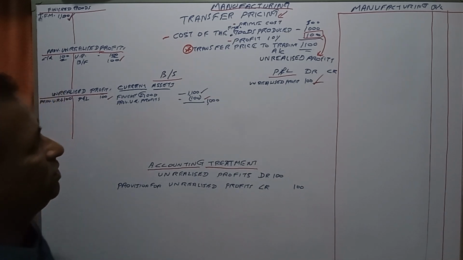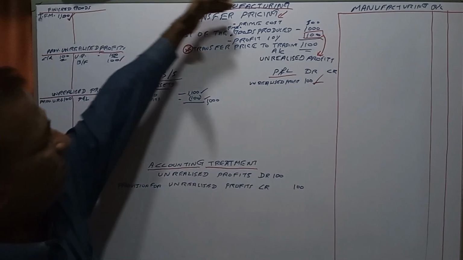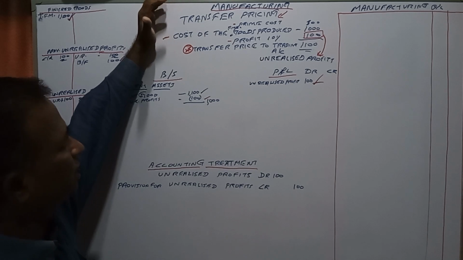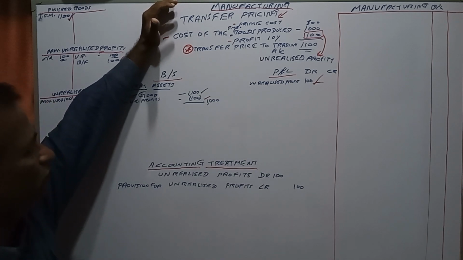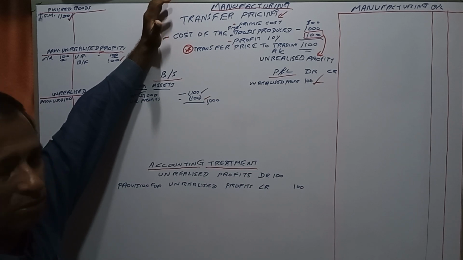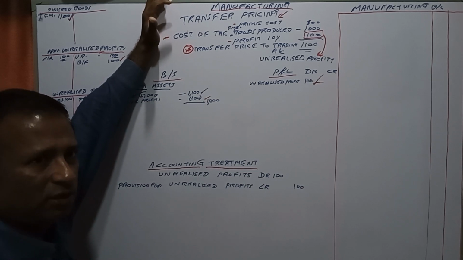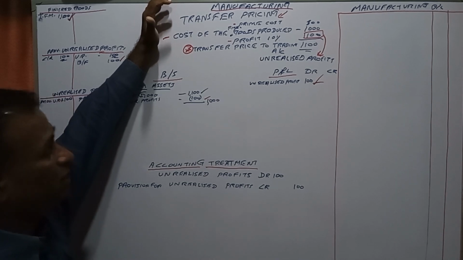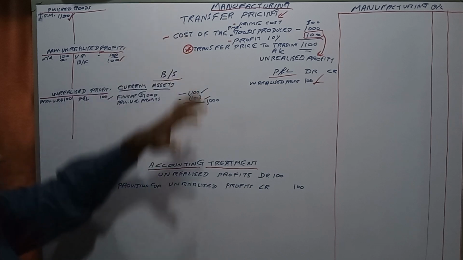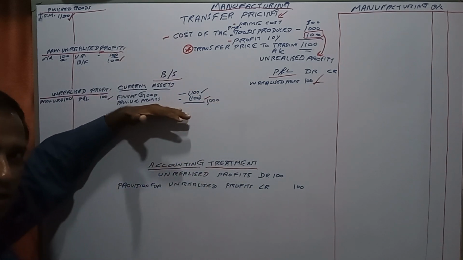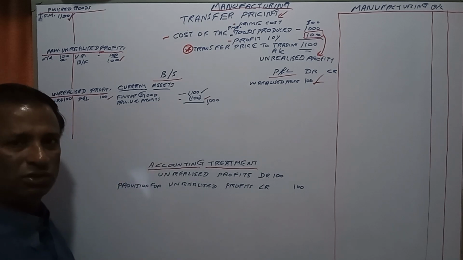Understood? In the manufacturing, if you are calculating the transfer pricing to the trading account, if you are transferring your products to the trading account on a transfer pricing basis, then an unrealized profit element will arise at the closing stock time.